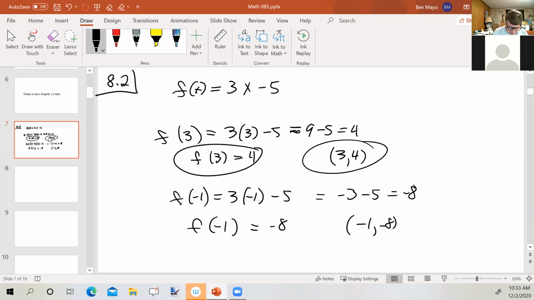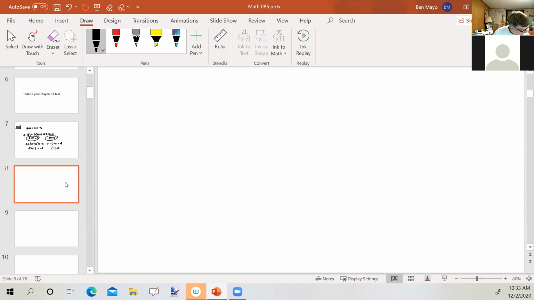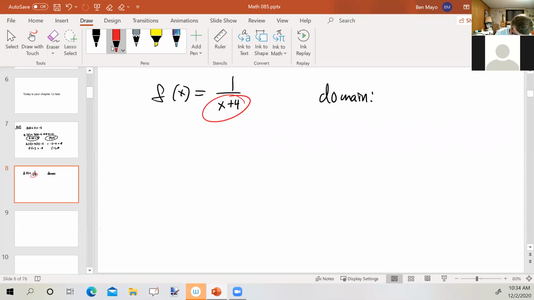All right. Let's talk about the domain of a function. Let's say we have the function f of x equals 1 over x plus 4, and we want to know the domain. That is, we want to know what x values can be put into the function so that it produces a real y value. Well, the main thing we need to avoid here, recall that dividing by 0 is undefined. If we take the denominator, which is x plus 4, and we say, when would that equal 0? Well, if we solve it, we get when x is -4.